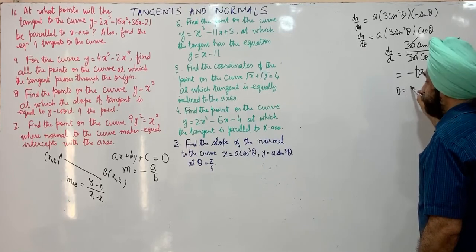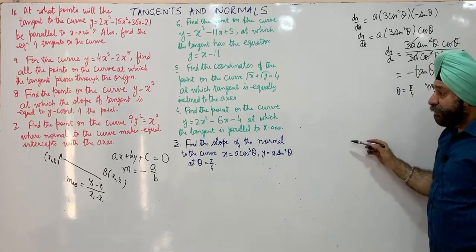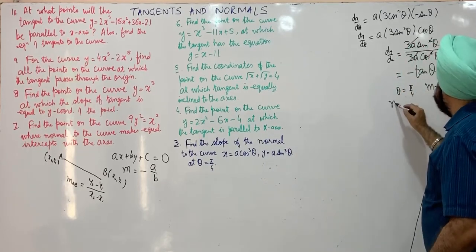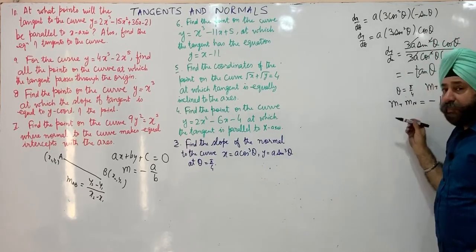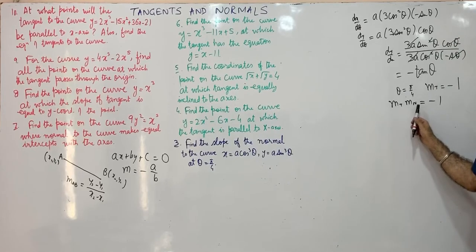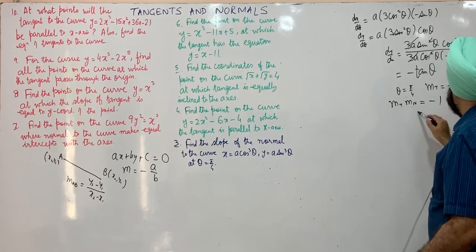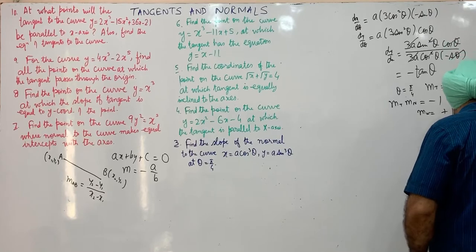And when theta is pi by 4, the slope of the tangent will be -1. But in the question we have to find the slope of the normal. So we know the slope of the tangent into the slope of the normal is -1. Tangent and normal are always perpendicular lines, so the product of their slopes is -1. So the slope of the tangent is -1 means the slope of the normal is +1. This is how you solve.